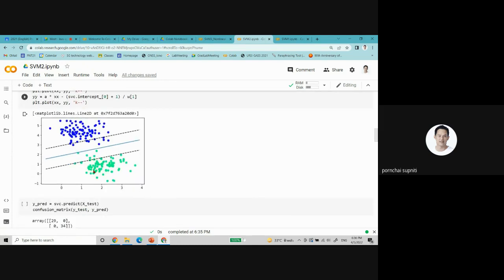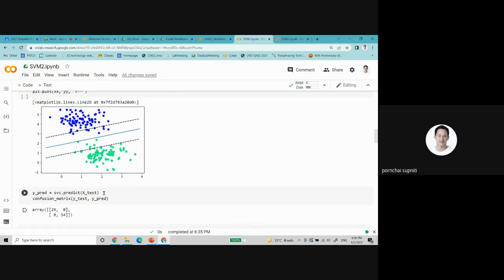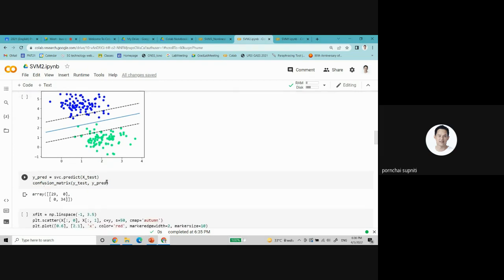Okay, and you can also use the dot predict. This is similar to the decision tree. So here I use the test data part to get the result as the prediction, and similar to last time, use the confusion matrix to display the confusion matrix.